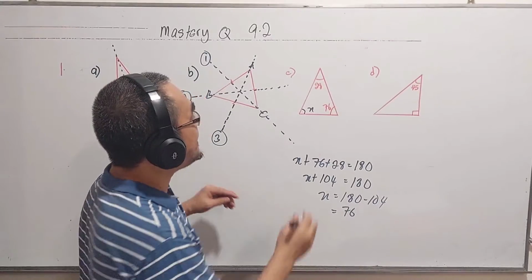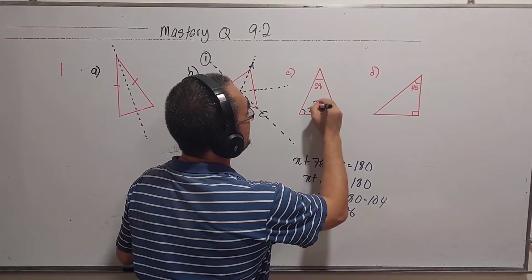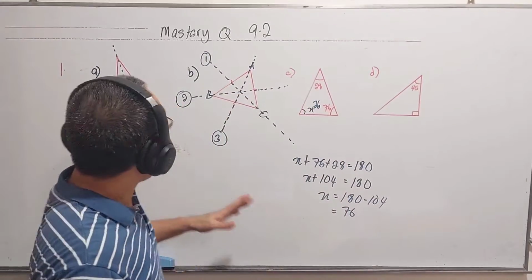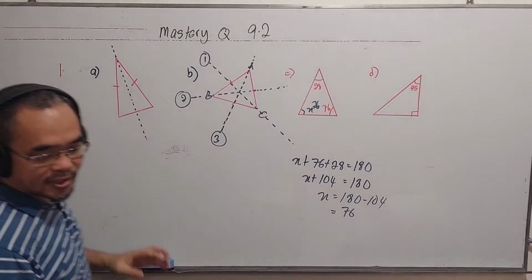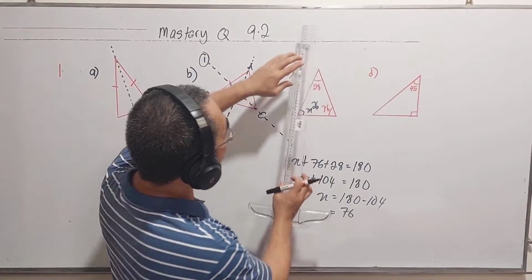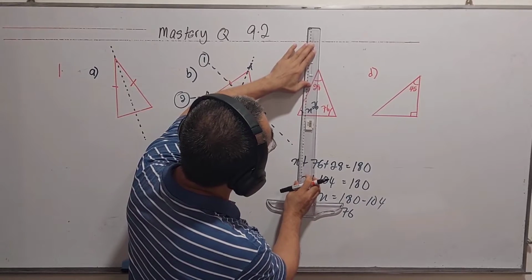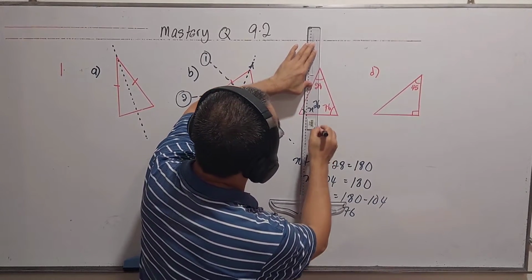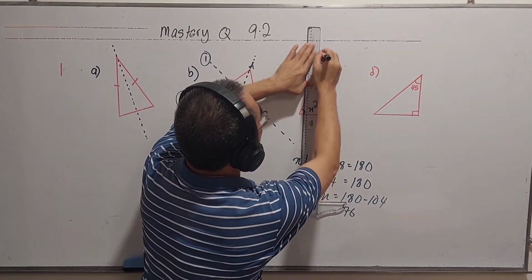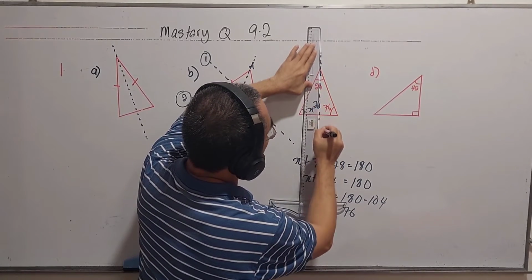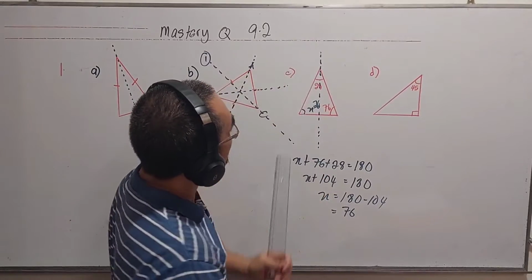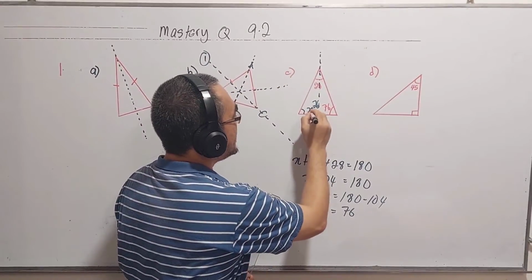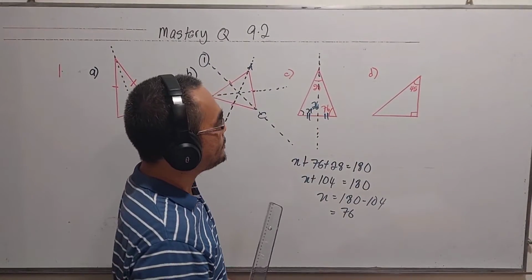So if this is 76, it means this is an isosceles triangle. Isosceles triangle has only one line of symmetry, dividing it into two equal parts.